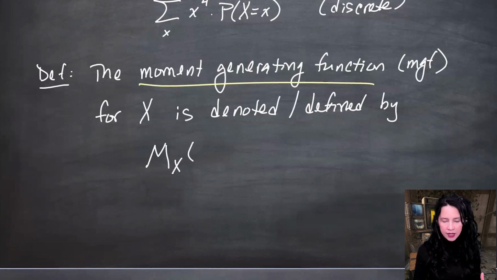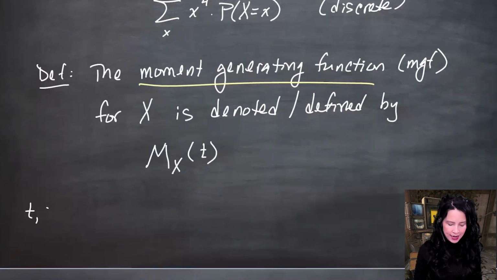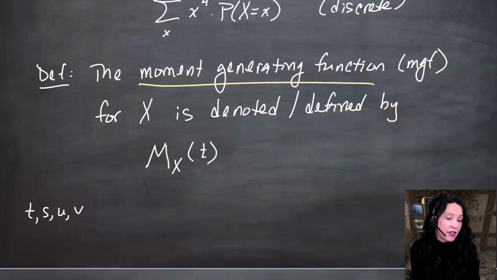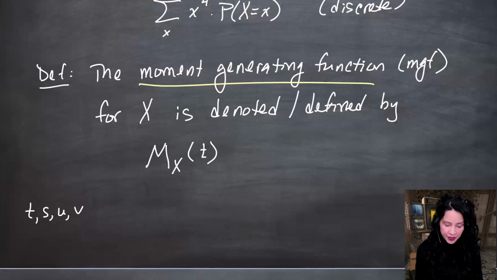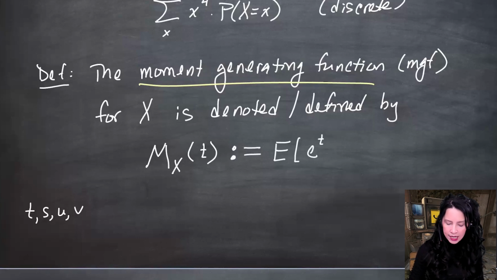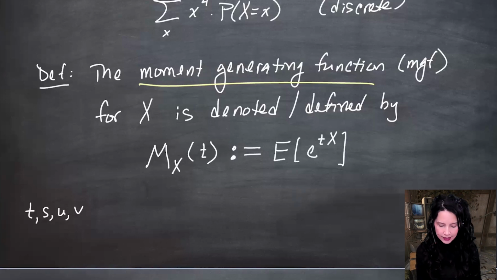It gets an argument that is generally not X. It's usually a T, like T, S, U, and V. Those are some of the more common letters, but it is an argument, and I guess you could put an X in there. And it is defined to be the expected value of e to the t capital X, which is looking pretty weird.